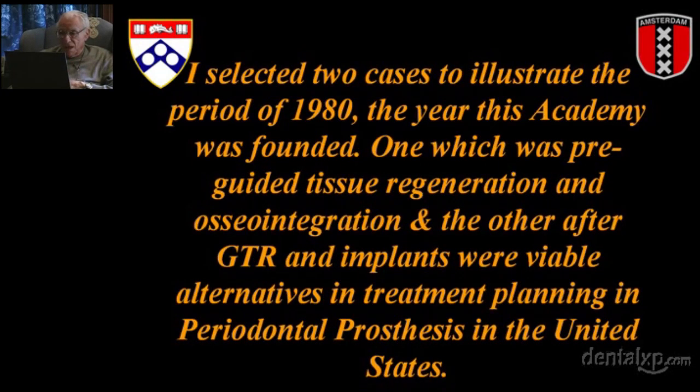I selected two cases to illustrate the period of 1980, the year this academy was founded: one which was pre-guided tissue regeneration and osseous integration, and the other after GTR and implants were viable alternatives in treatment planning and periodontal prosthesis in the United States.